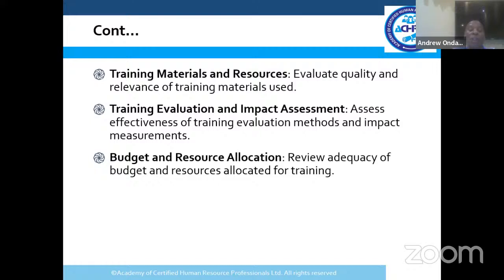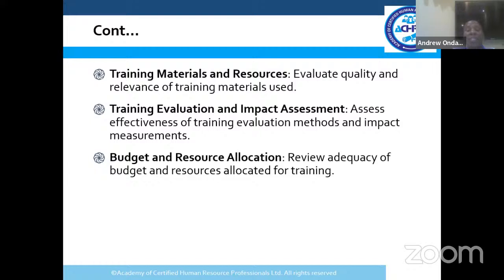Then lastly, we talk about budget and resource allocation. As it is, training requires resources. And therefore, as you audit the training component, you will ask the respondents whether there is a training budget, the money allocated for training.